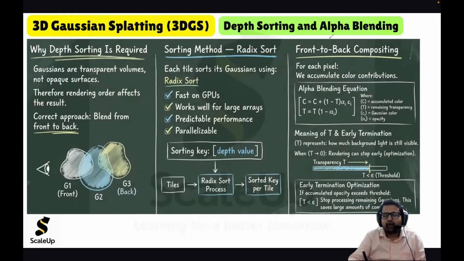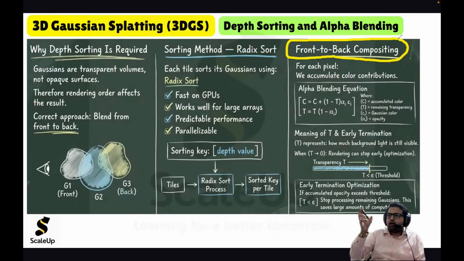Then alpha blending. For alpha blending, we will do front to back compositing. After depth sorting, we will get the 3D Gaussians on a tile in order, and from front to back we will do the compositing. Let's understand how we'll do it.